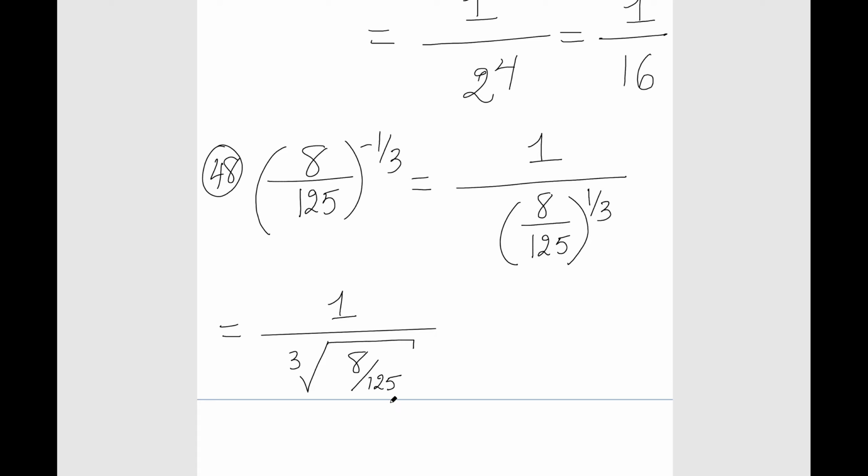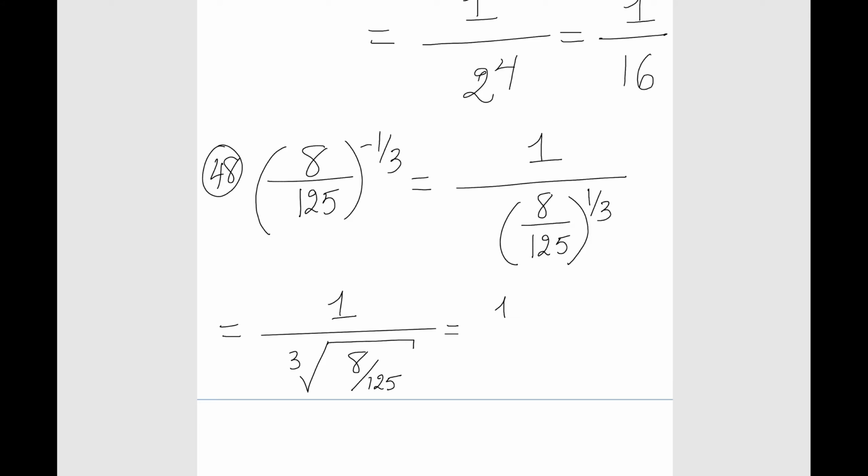So what is the number so that you cube it and get 8 divided by 125? Well, if you cube a 2, you get an 8. And if you cube a 5, you get a 125. So this whole thing downstairs is simply 2 divided by 5.